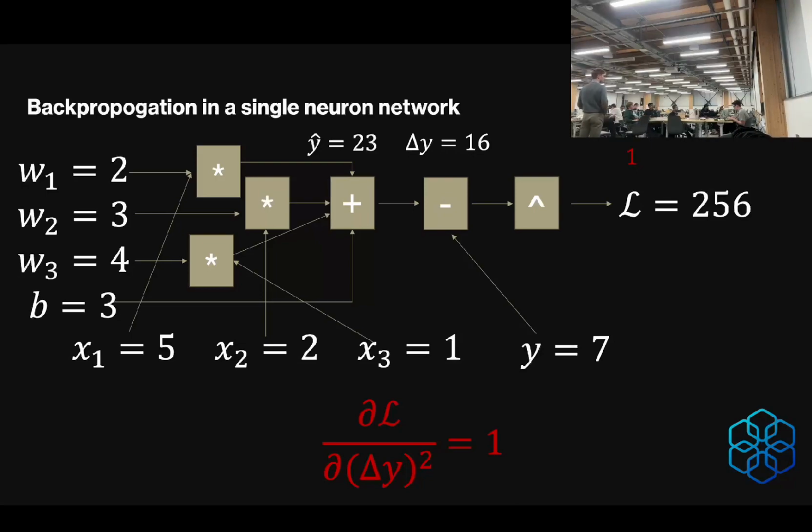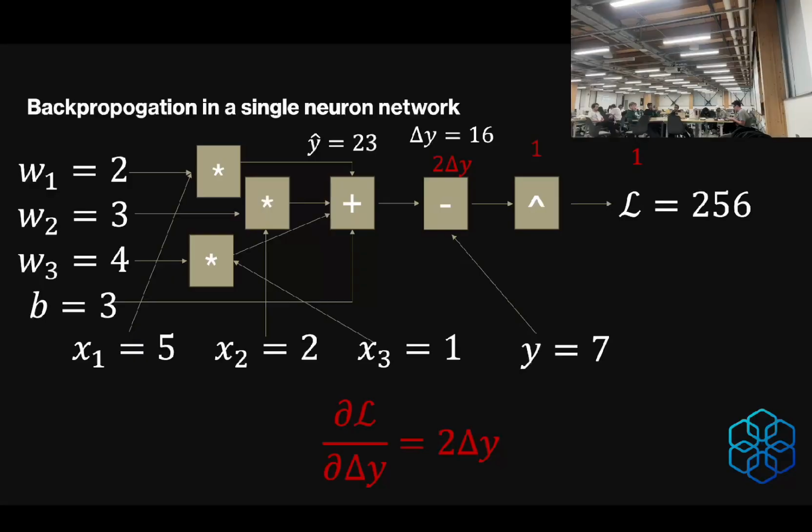All right, then we have the derivative of the loss with respect to delta y. In this case, the loss is delta y squared, and the derivative of that is just going to be 2 delta y.